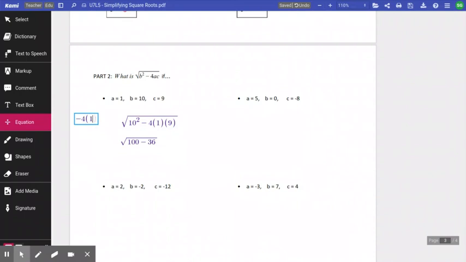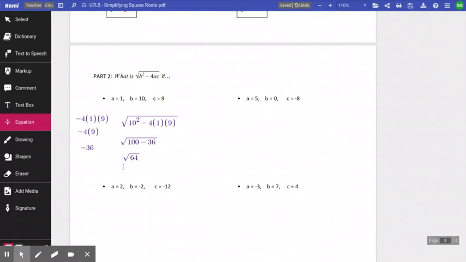So you could go ahead and say, well, my first step is the negative 4 times 1, which is negative 4, and then multiply the negative 4 times 9 and get your negative 36 that way. It's up to you if you want to do it all at once like I did there, or break it up into little steps. Either way, you're going to get 100 minus 36. 100 minus 36 is 64.